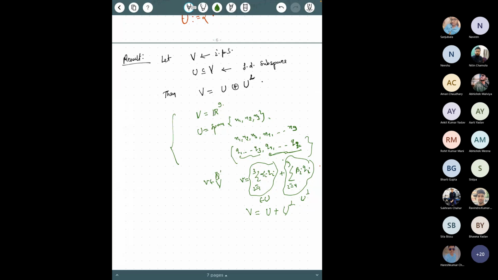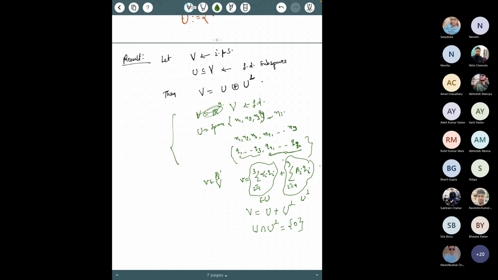But there is nothing special about this R9. We did not use the fact that it has to be R9. In fact, if we have any vector space V which is finite dimensional, we can apply the same process. We first look at the basis of U, let's say x1 to xk. Then we expand this basis of U to a basis of V, because V is finite dimensional.